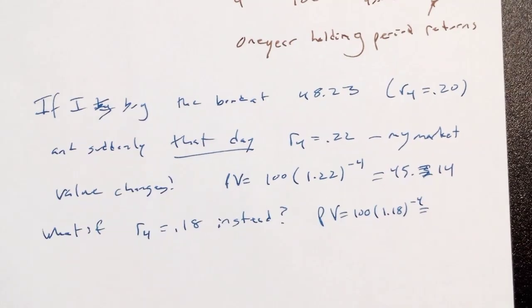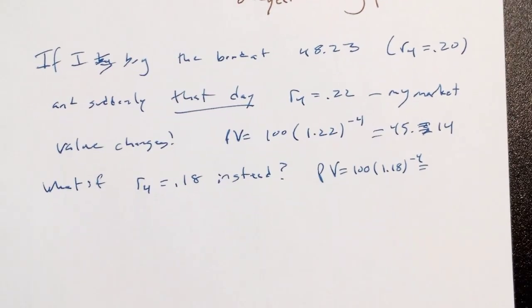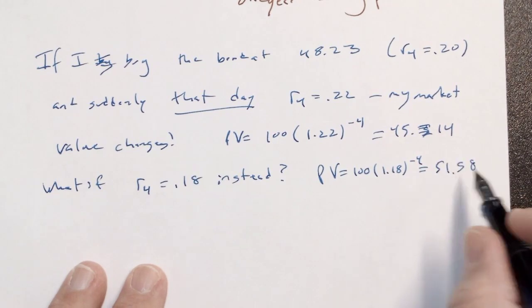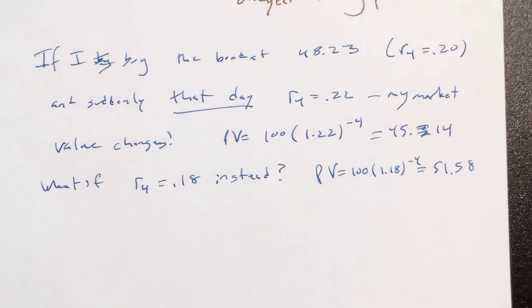And in this case, what's this number? So I underpaid by a little over $3 and I make it immediately.